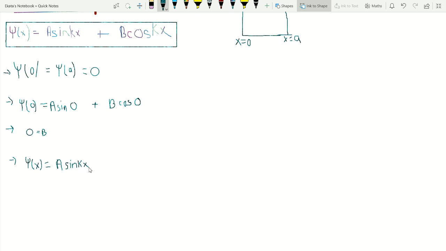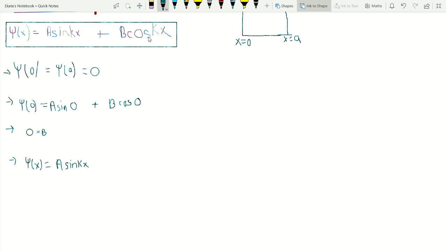The wave function is equal to a sine kx, because here b becomes 0, so the whole cosine term becomes 0. This is not the general expression, but the form that we get after applying the boundary conditions.